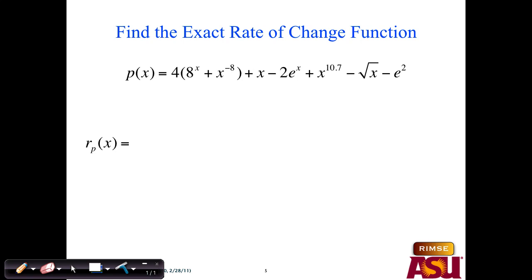So take a minute or two, see if you can figure out how would I write the exact rate of change function, the closed form derivative function for this function p of x. I'll call it r sub p of x to use our nice notation. You could call it p prime of x, dp of x dx, lots of things.